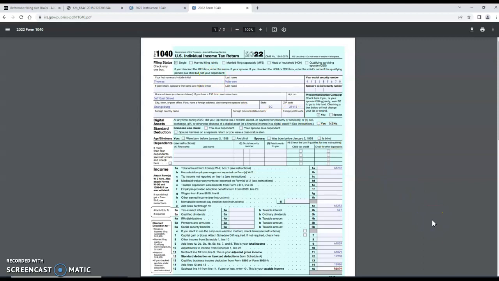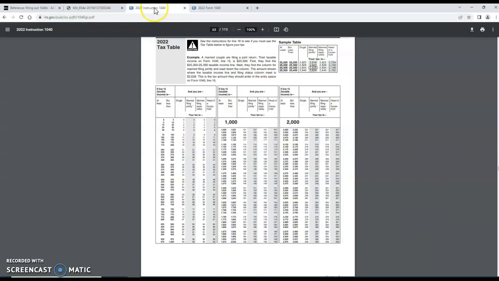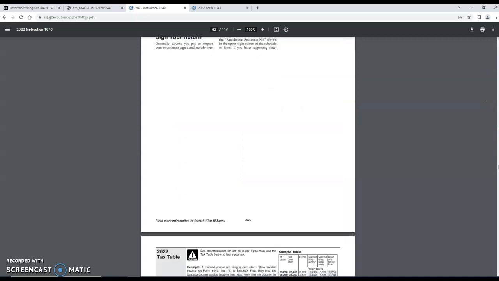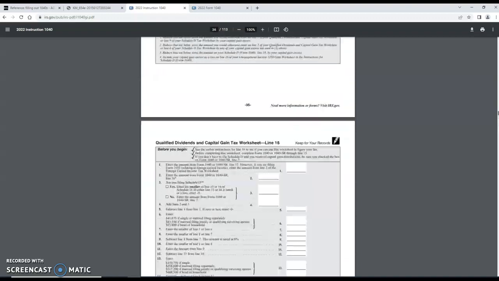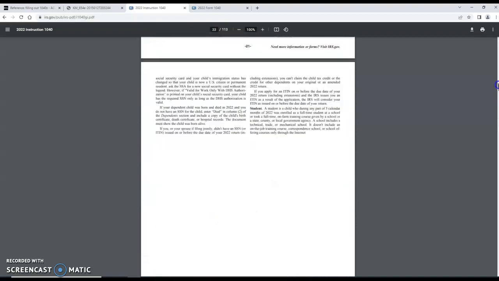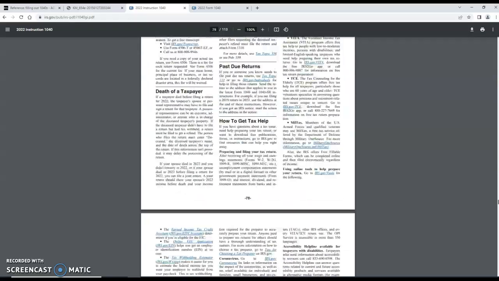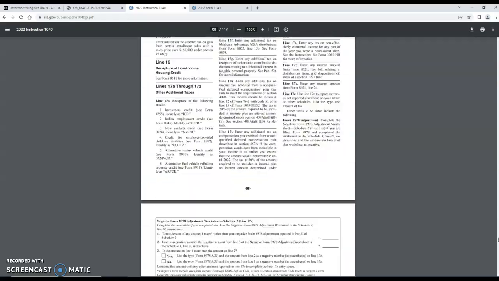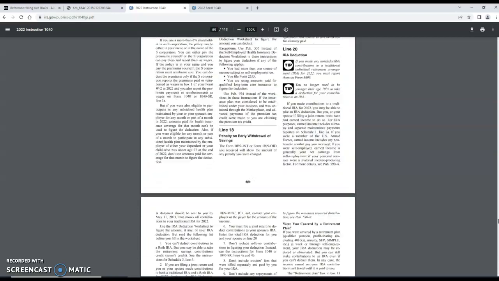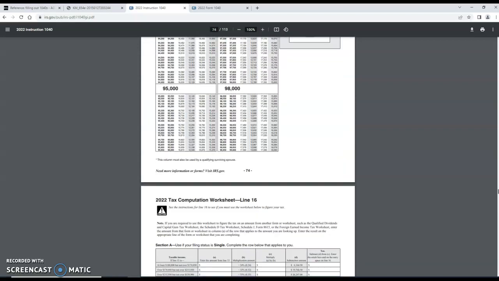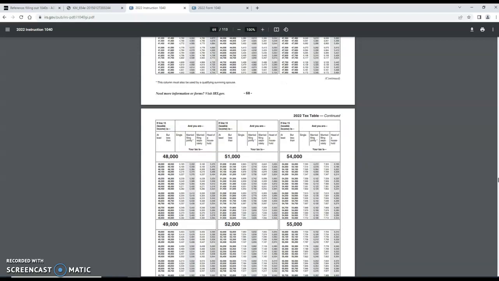At this point, we can go into the tax tables, and we're going to look up 48,000.